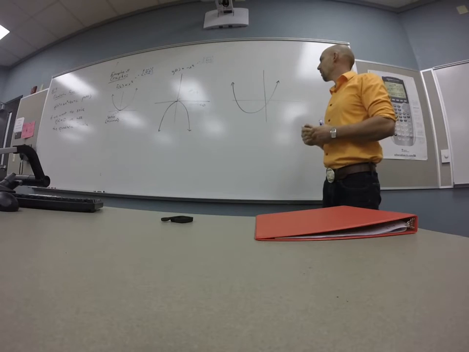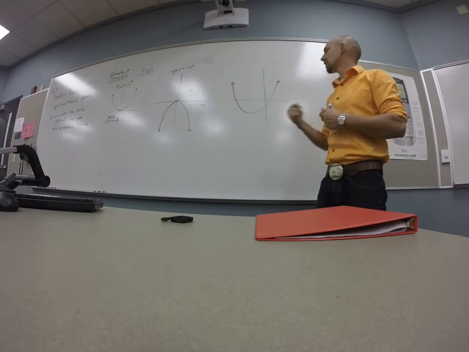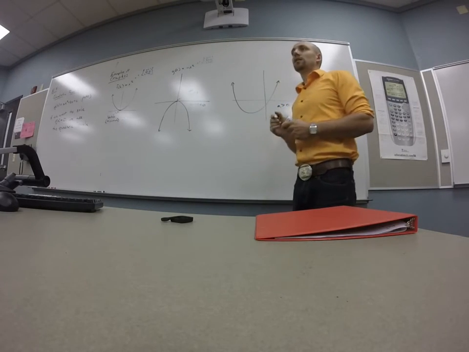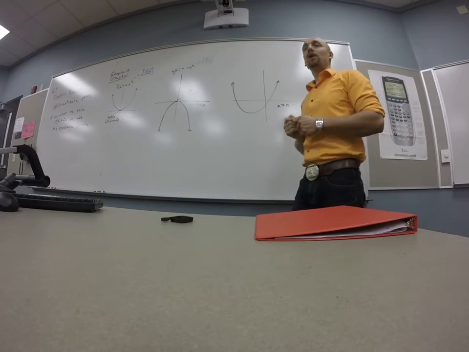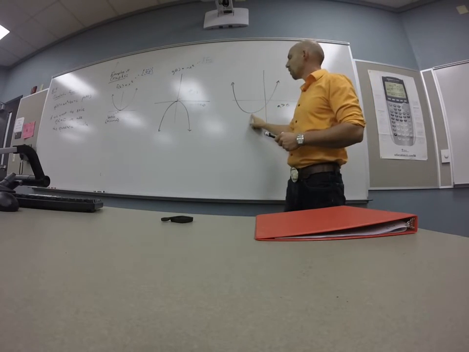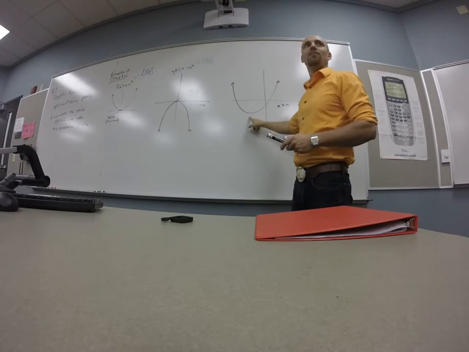This could be one. What do I know about this one? Goes up. So what's the A? Yeah, A is positive. You guys see that? I don't need to know anything else about this. I know that if the A is positive, what do I know about the vertex? The vertex is a minimum.